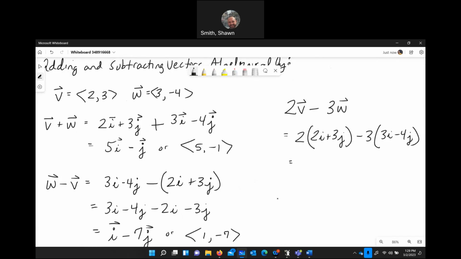Distribute, combine like terms. 4i plus 6j minus 9i plus 12j. That's negative 5i, and that's plus 18j.